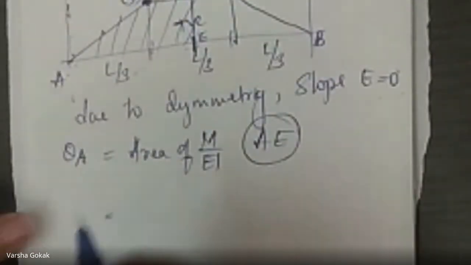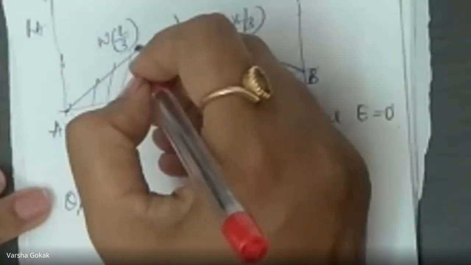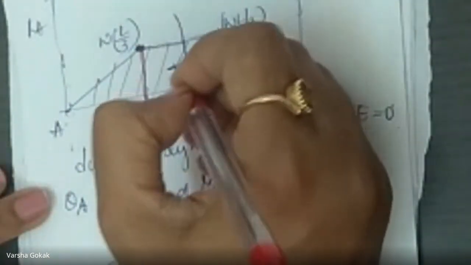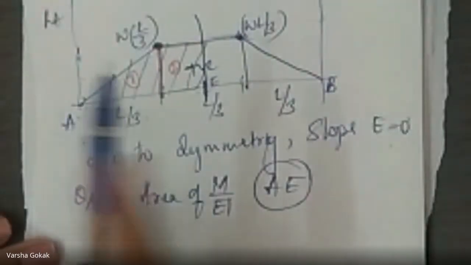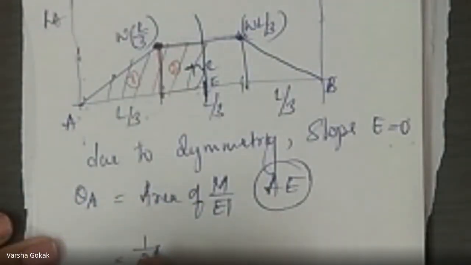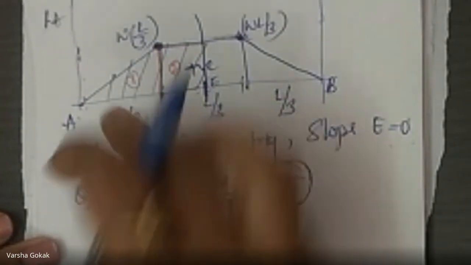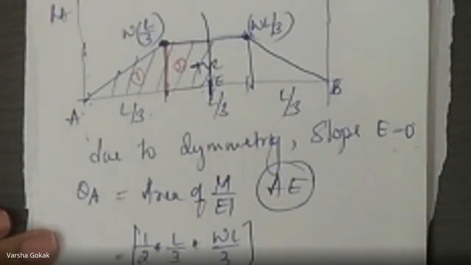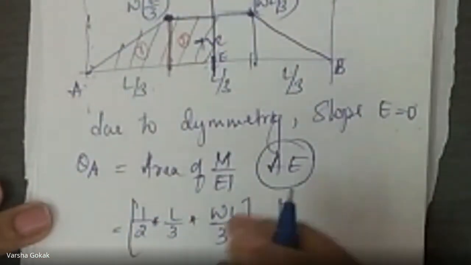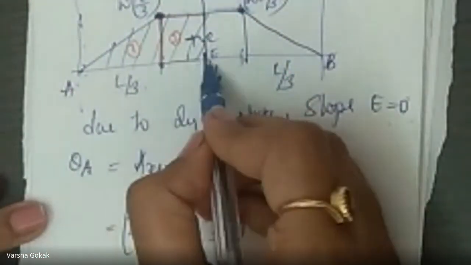Now how do we get the area? To get the area, this bending moment diagram is divided into two parts. One is a triangle, one is a rectangle. So area of a triangle is half, base is L by 3 and height is WL by 3. This is the area of a triangle. What about the area of a rectangle? It is this distance.